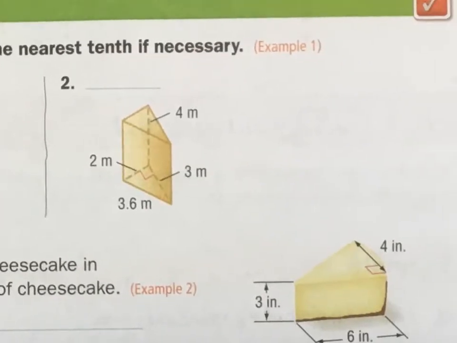We have another triangular prism. Volume equals base, the big base, which is the area of the base, times the height. So here's my base, and I see that I know the little b and the height here. So I can find the area, which is great.